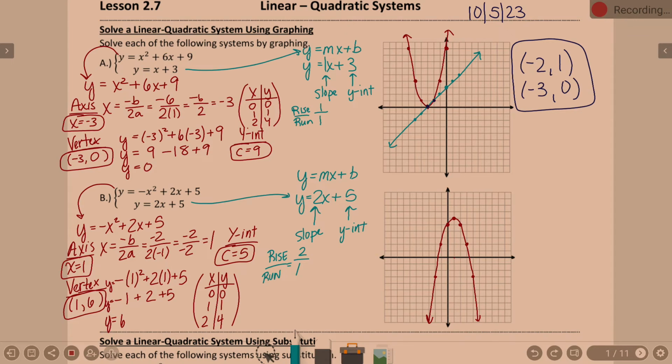So y-intercept of 5. Rise 2, run 1. And we can go down 2, over 1.